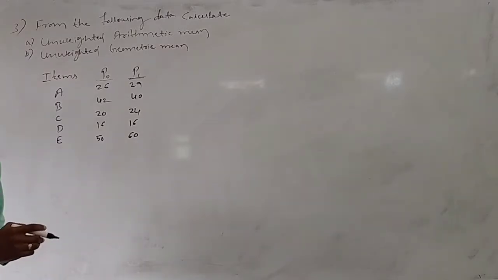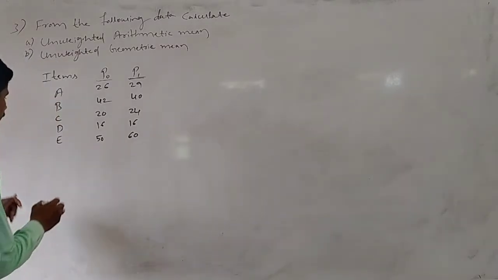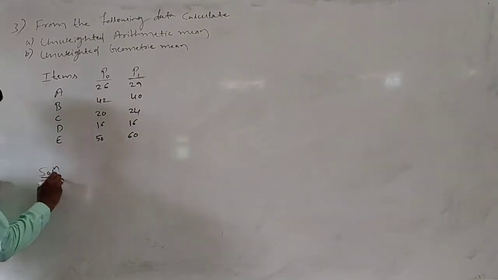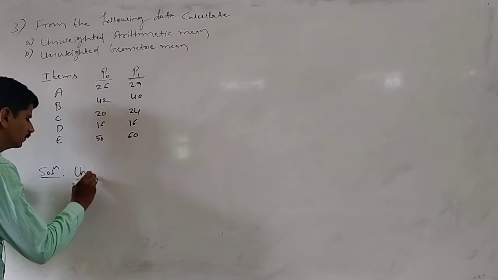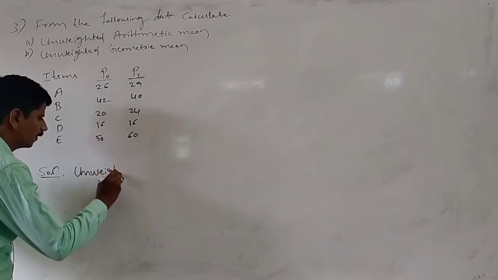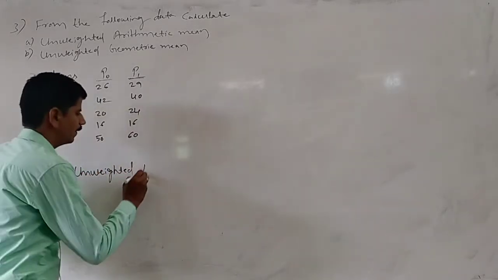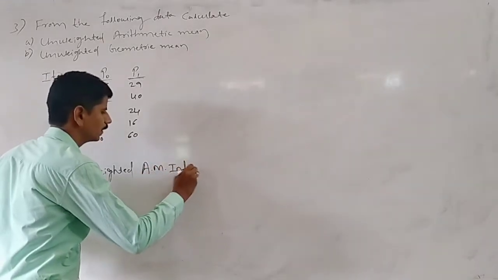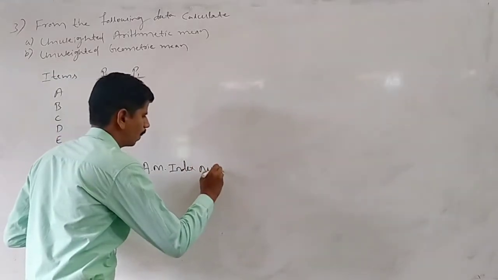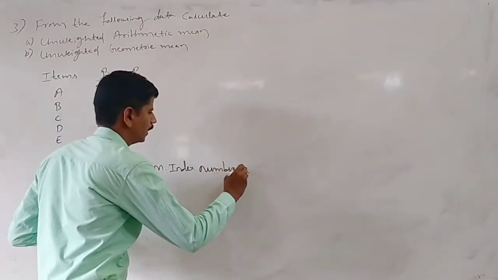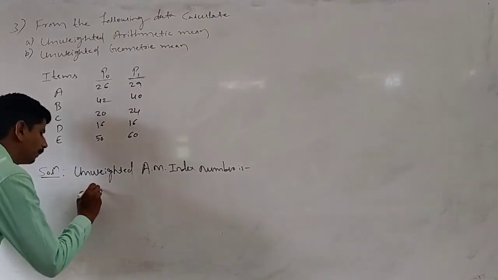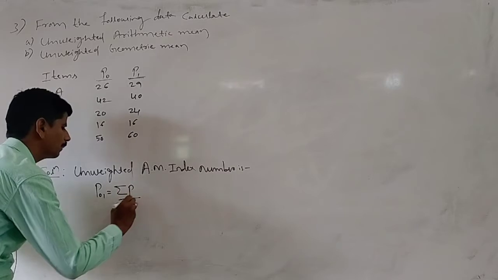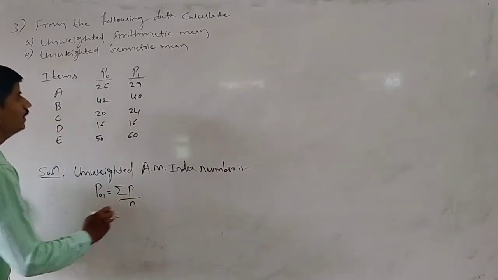Okay, here we have to apply the formula. First solution: unweighted arithmetic mean. AM means arithmetic mean. The unweighted arithmetic mean index number is P naught 1 equal to sum of P by n.